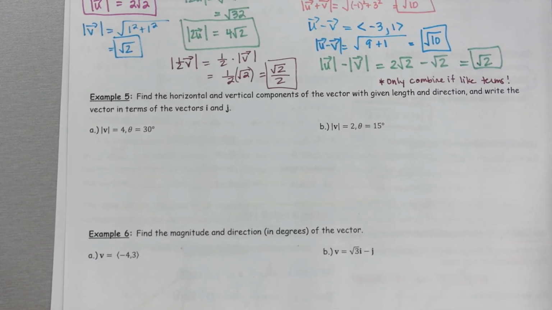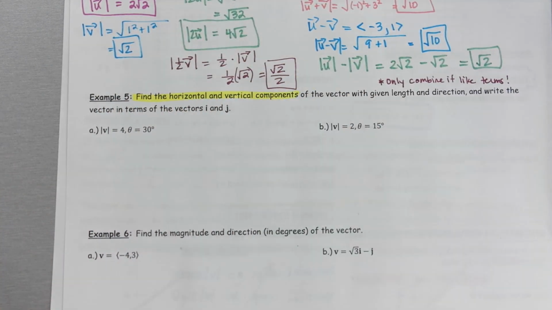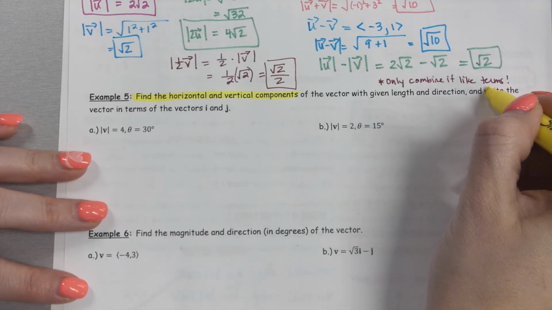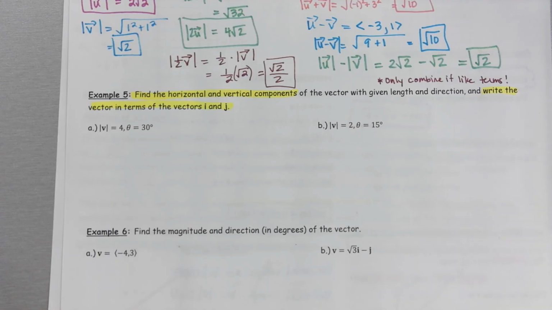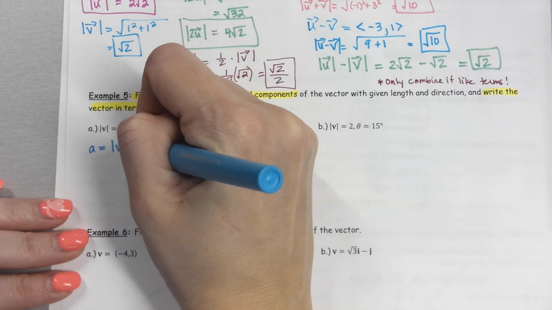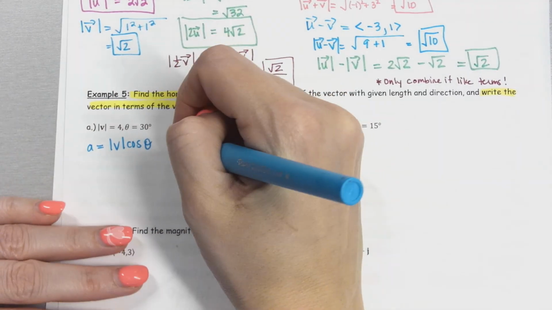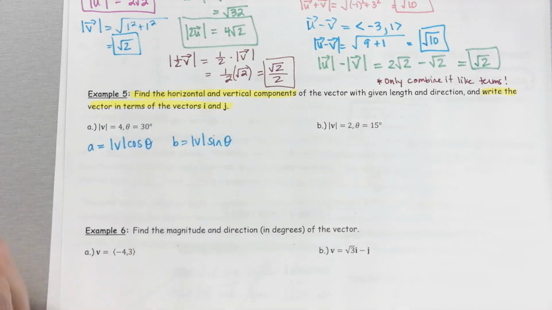Okay, and then in example 5, it says find the horizontal and vertical components of the vector with the given length and direction, and write the vector in terms of the vectors i and j. Okay, so to find each component, you're going to use the magnitude times the cosine and the magnitude times the sine.